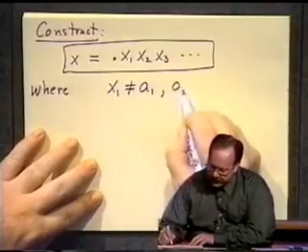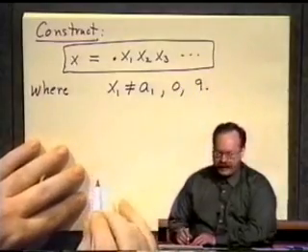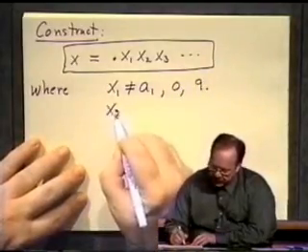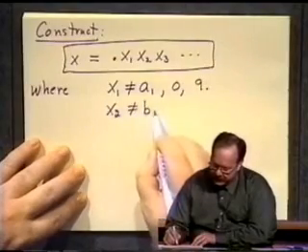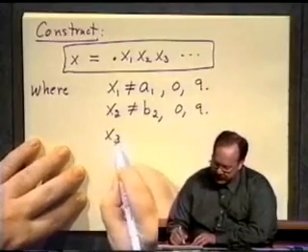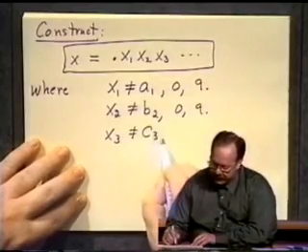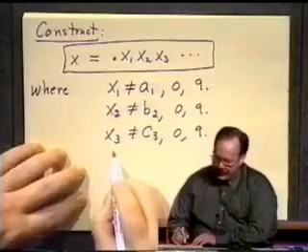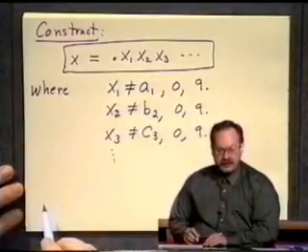It is also not equal to 0 or 9, and I'll explain that in a moment. Then x2 will not be equal to b2, or 0 or 9. Similarly, x3 will not be equal to c3, or 0 or 9. And we continue this until I get all the decimals out to infinity.